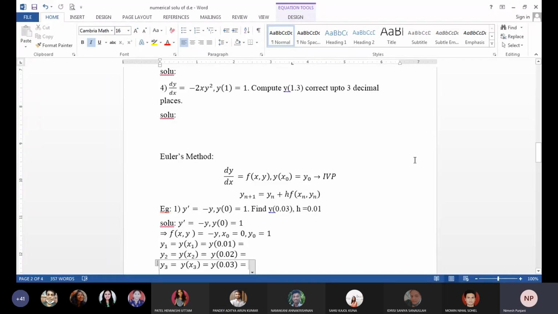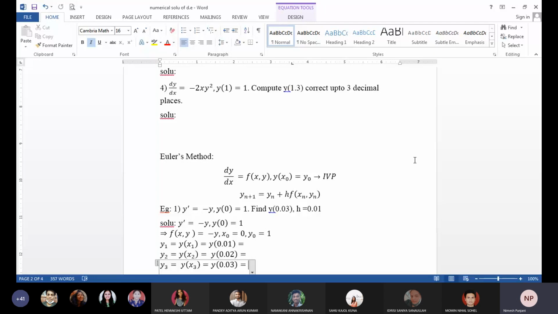x naught here is 0, right? So 0 plus h is 0.01, so we got y of 0.01, that is y1. Then y2 is y of 0.02, that is x2. x2 is x1 plus h, and y of x3 is y of 0.03.